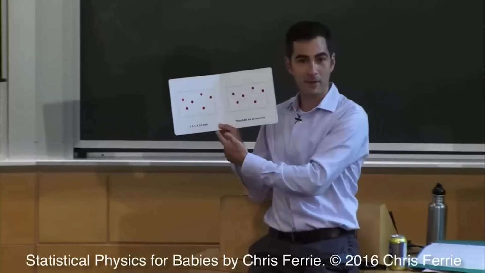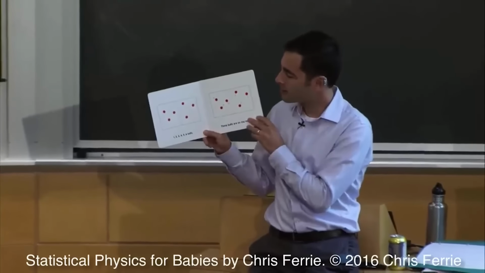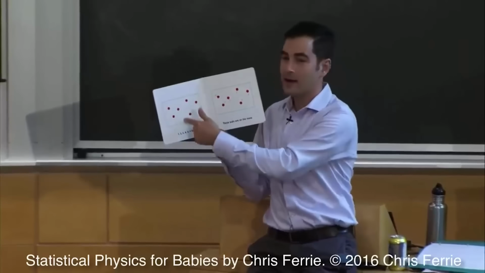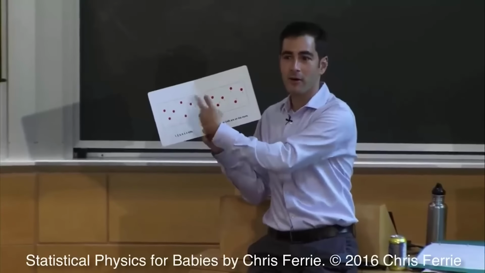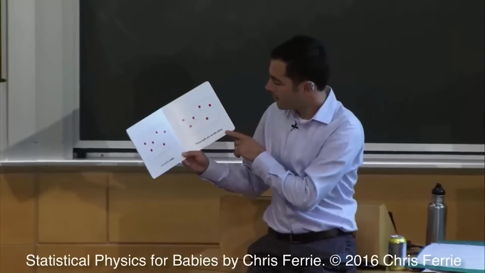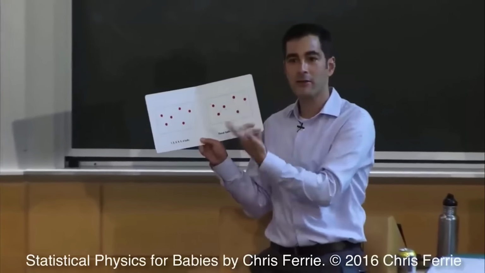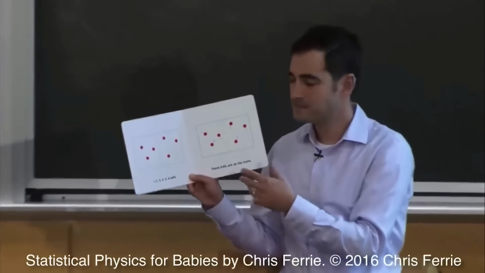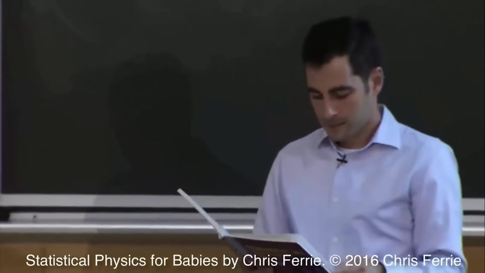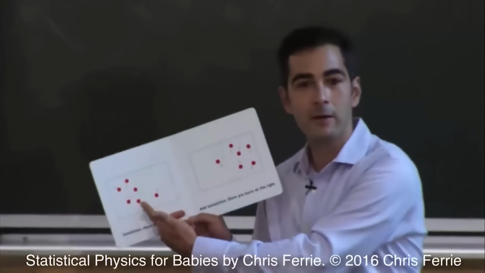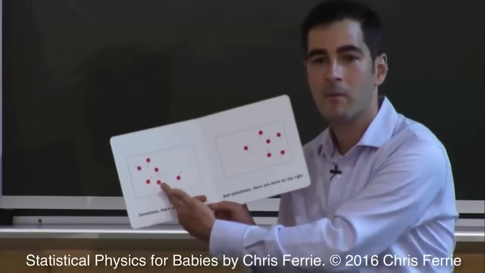Okay, so now we have 6 balls. All right, so we have 6 balls here in a space that's divided by a dashed line in 2. So it's clear that the balls can go left and they can go right. And we gave them some thermal energy, so now they're on the move. So they're bouncing around. So sometimes you might find more on the left. Right?